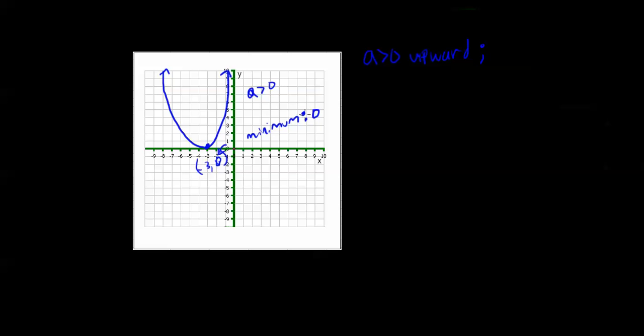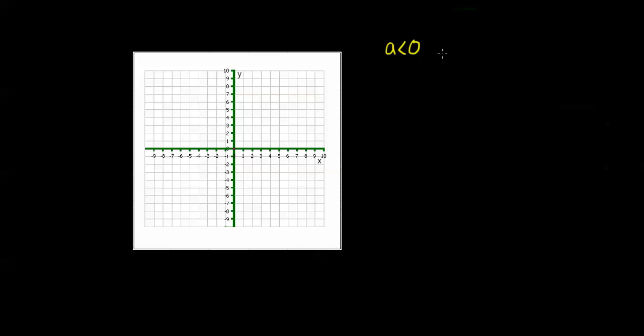Now we're going to look at a parabola that opens downward. So if the parabola opens downward, a would be less than 0, and the y value of the vertex is the maximum.